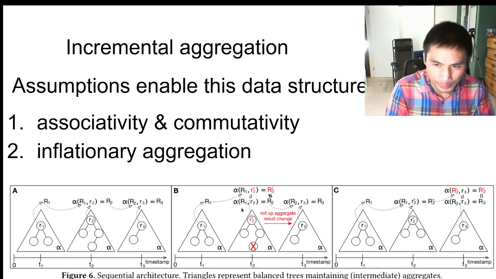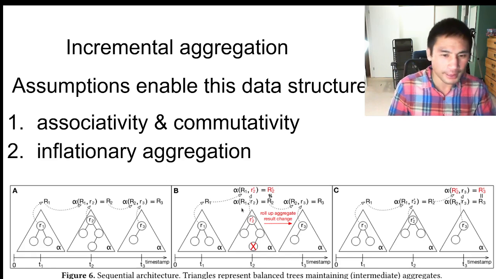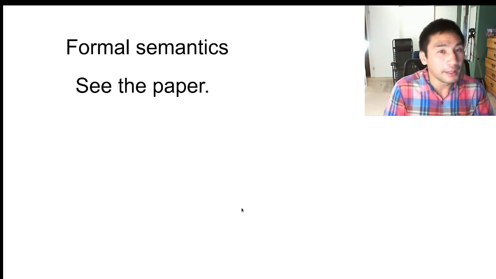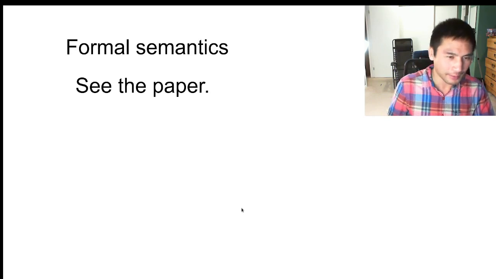And that goes relatively quickly. And how quickly? As quickly as they show in their results. Balanced trees, and you keep all the intermediate aggregates, but you change things when you have a new epoch. So the data structure only contains the thing of the current epoch, but it contains all the states of the computation that you need to get the result for that epoch. There is a formal semantics. The formal semantics is in the paper. I am definitely not going to do formal semantics in this talk.